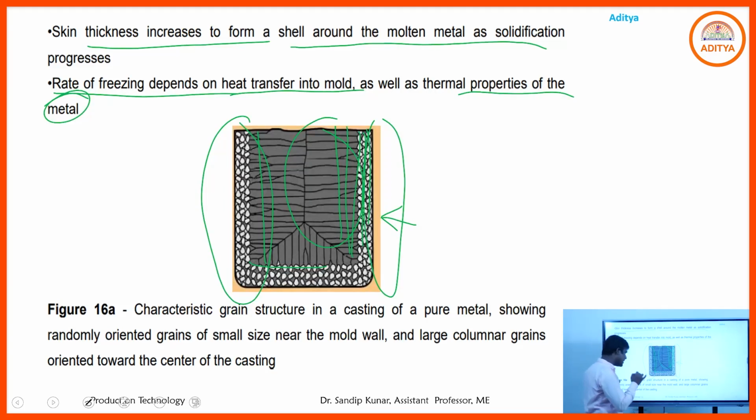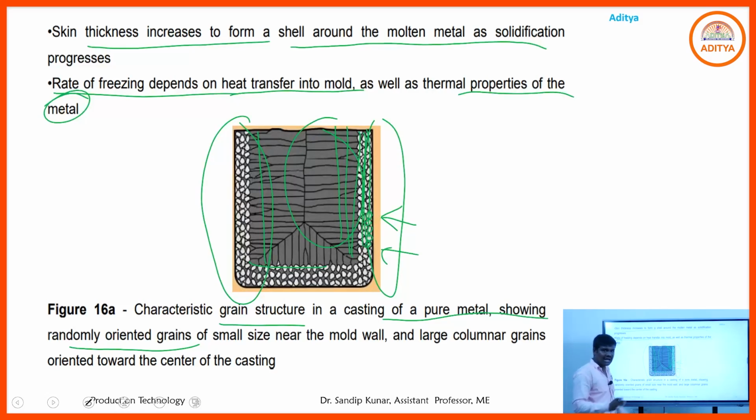Another figure we have seen is the grain structure in a casting of a pure metal, showing randomly oriented grains of small size near the mold wall, because heat is extracted there, and that type of grain is created at that particular mold surface.